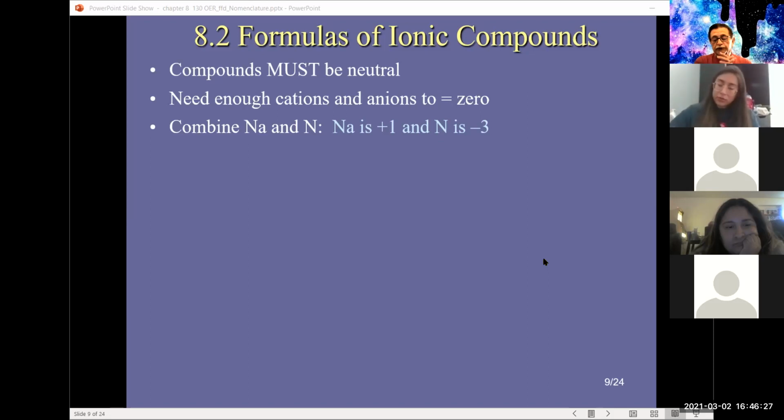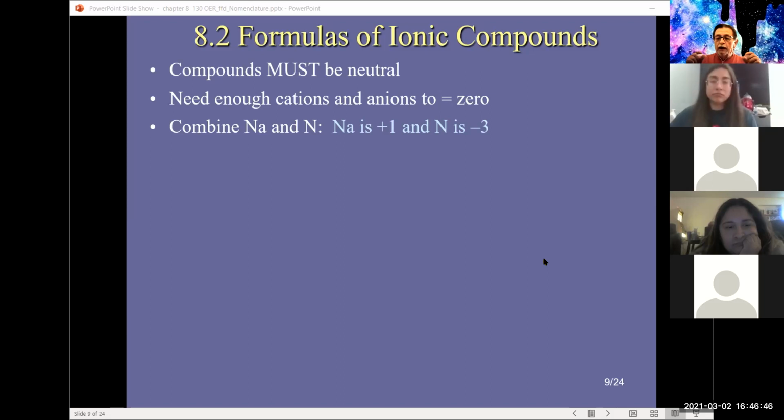We go and look for nitrogen, which is in group 5. It's a nonmetal. So when it becomes ionic, it will be a -3 charge on it, okay? And so now we got the elements in ionic form with their charges.